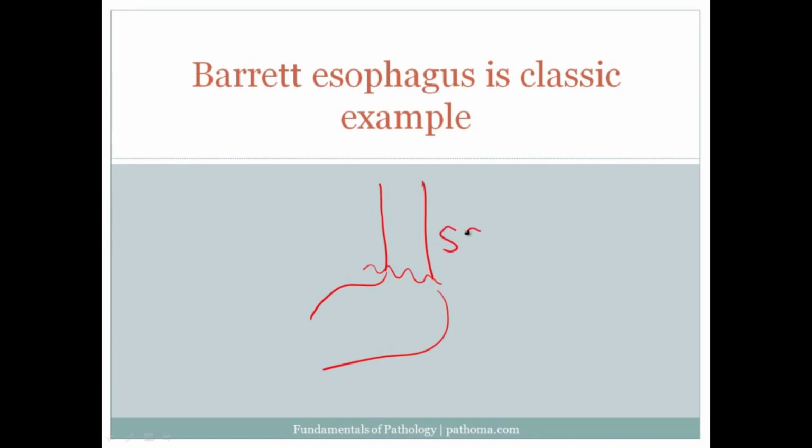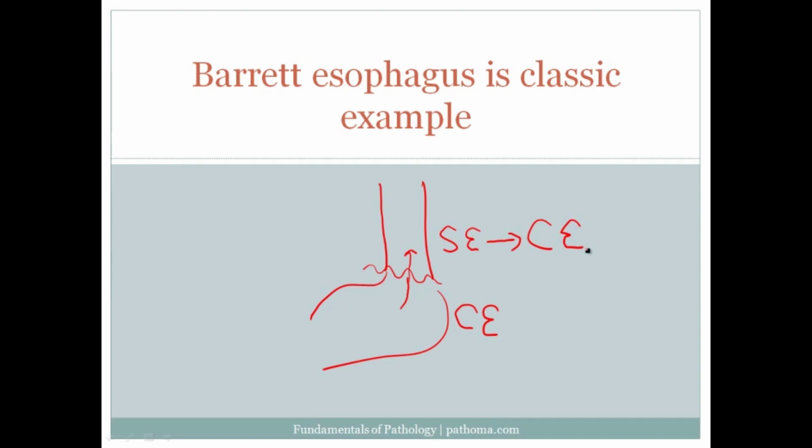If acid refluxes from the stomach up into the lower esophagus, then the reflux of acid results in a change in stress in that lower portion of the esophagus. And that change in stress, i.e. the presence of acid, will result in the lower portion of the esophagus going from squamous epithelium to a columnar, non-ciliated, mucinous type of epithelium.